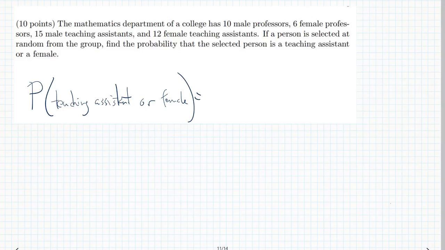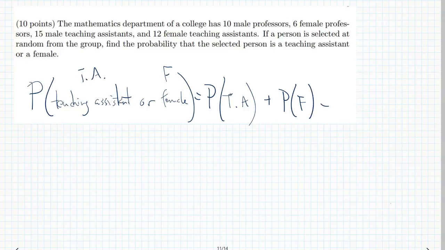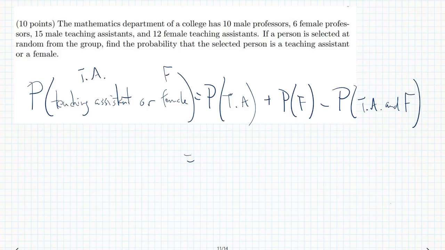So the rule of probability that we actually use, and so I'll abbreviate teaching assistant TA, and then female I'll abbreviate F. So the rule that we'll use is we add these two together, but the thing that most people forget is then we have to subtract off the probability that the person is a TA and female. Okay, so the probability of that, so how do we figure out all these probabilities? So now the total number of people.